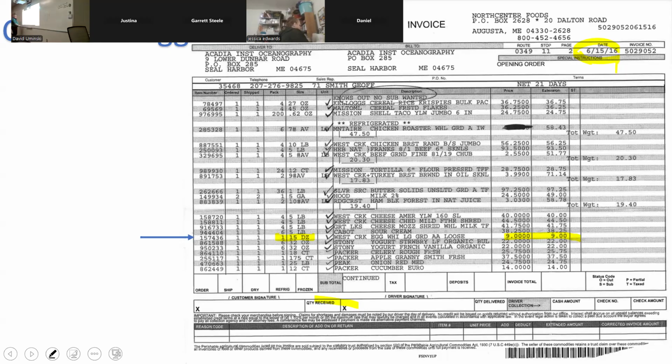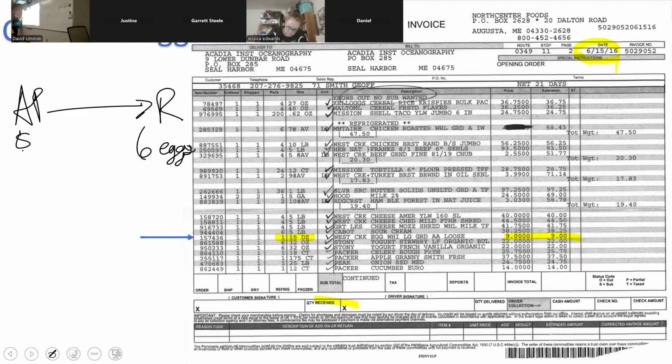Okay. So let's do our as purchased to recipe. AP to recipe. Andrew, how many eggs are we using in our recipe? 6 eggs. Okay, so half a dozen. Cool. Good example.